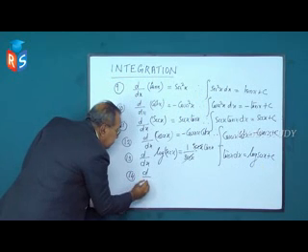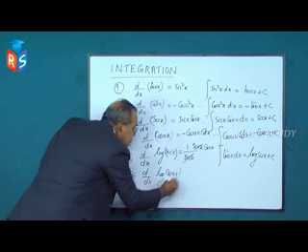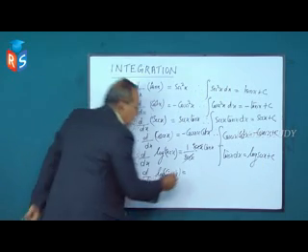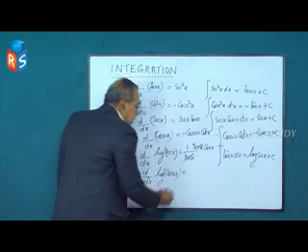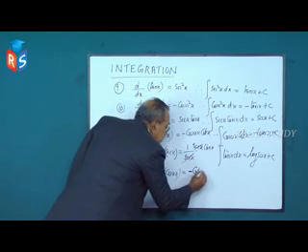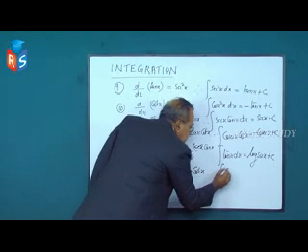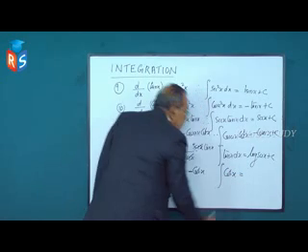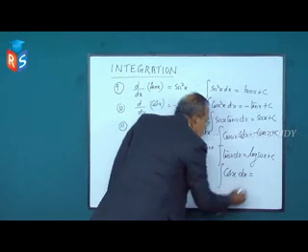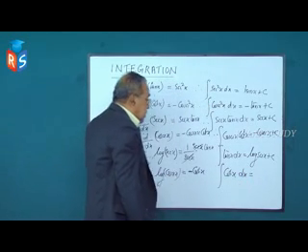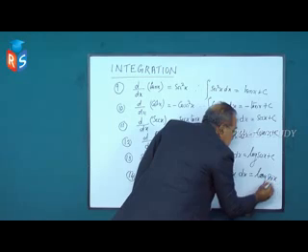D by dx of log cosec x is equal to 1 by cosec x into minus cosec x cot x, which is equal to minus cot x. Therefore, the integral of cot x dx is equal to minus log cosec x, or log sin x plus c.